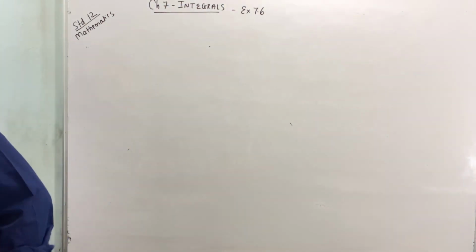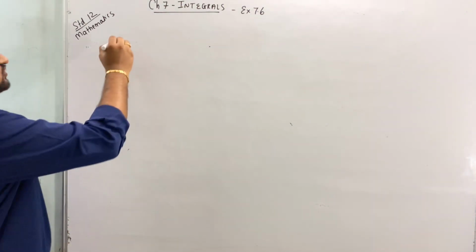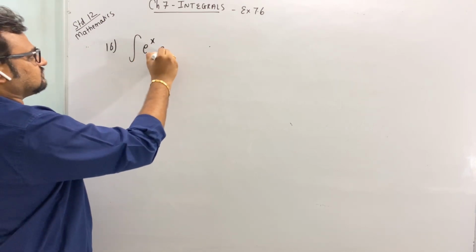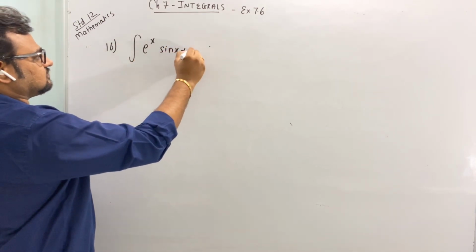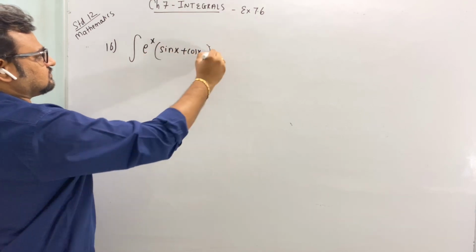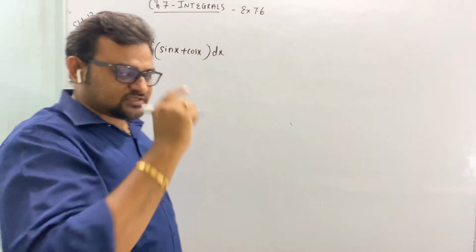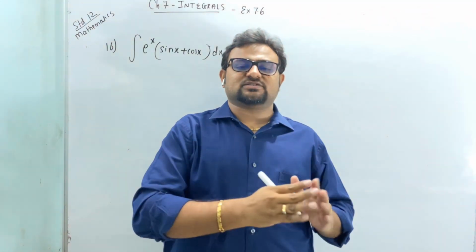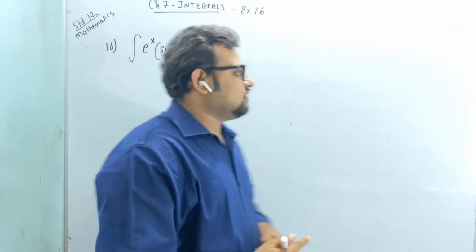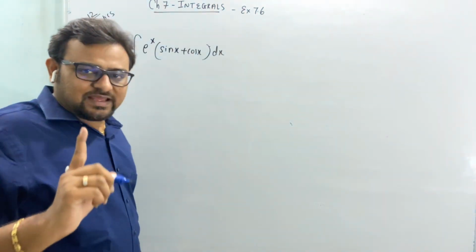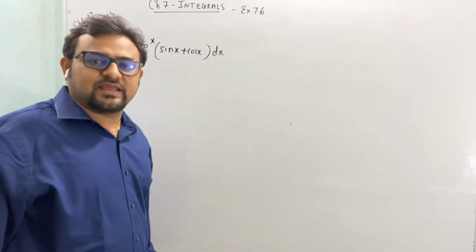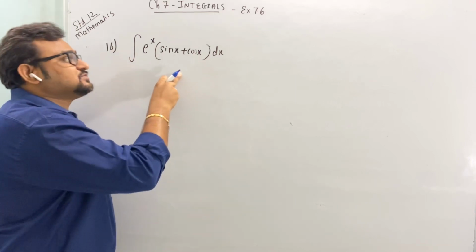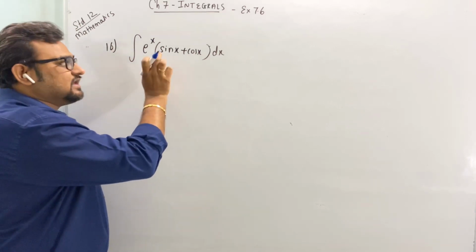We'll start with question number 16: the integral of e raised to x times (sin x plus cos x). Now, if I take any one as f(x), the other one will be f'(x). If I take cos as f(x), then its derivative is minus sin x, but here we are having plus.